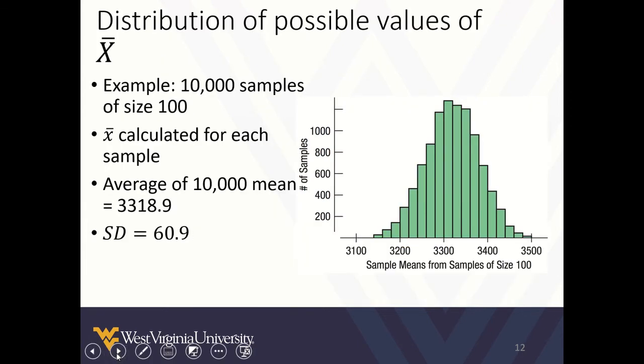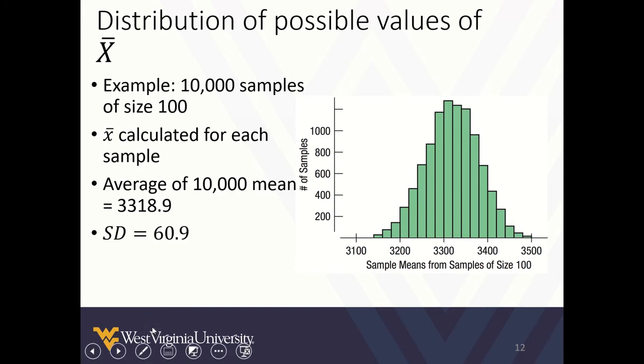Now, if we were to take a sampling distribution of that, or a sample of that, we're going to examine 10,000 samples of size 100. And for each of these, we calculated our sample mean. In this case, we could see that the average of our 10,000 means was 3,318.9 grams, and we had a standard deviation of 60.8.